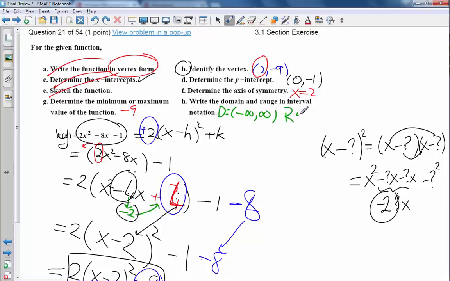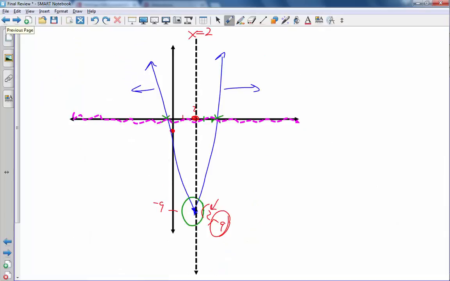Range is going to be different. Range is computed when you compress this to the y-axis. It's going to start here, and the arms are going up.